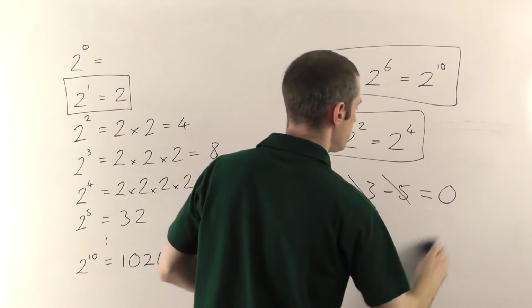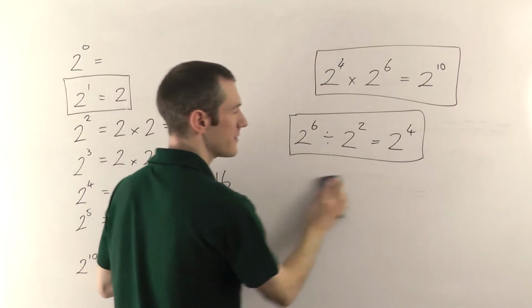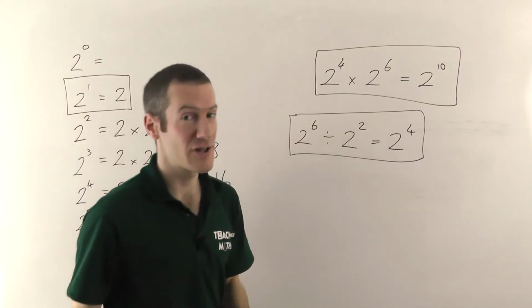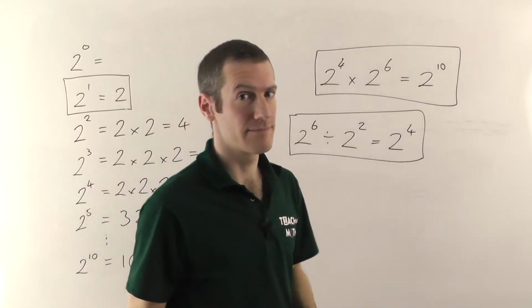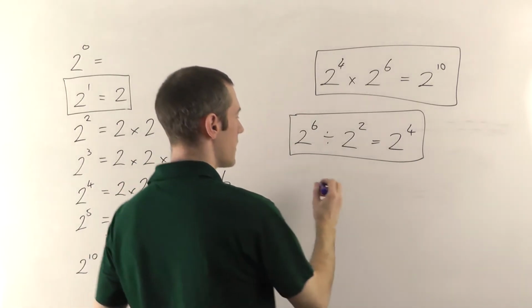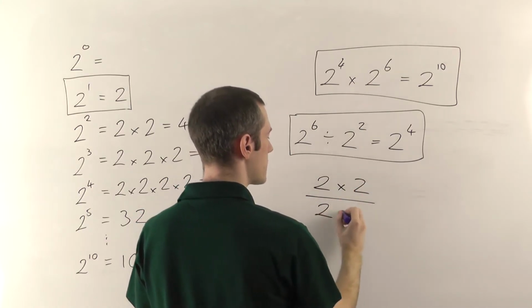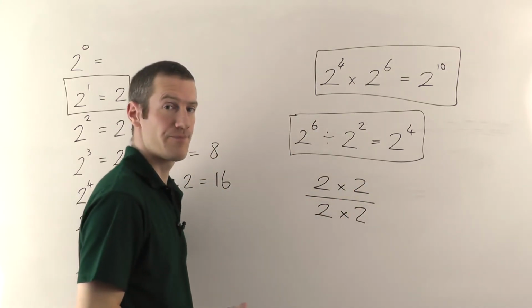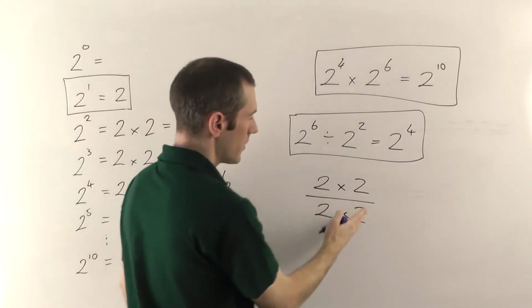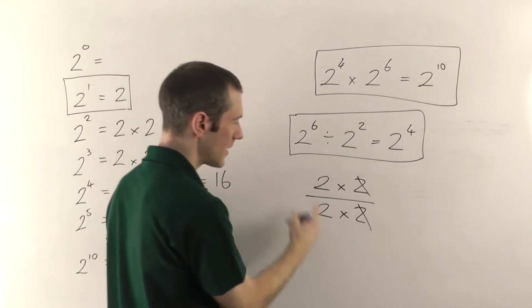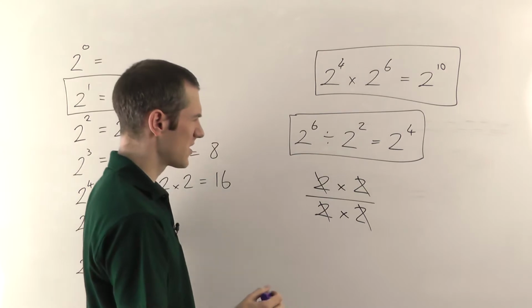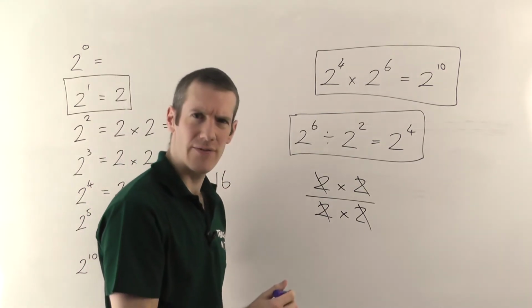However, if you're multiplying and dividing and everything cancels, you don't get 0. Let me show you what happens. Imagine you've got 2 times 2 on the top and 2 times 2 on the bottom. So this 2 cancels with that 2, and this 2 cancels with that 2. So you've got, what have you got?